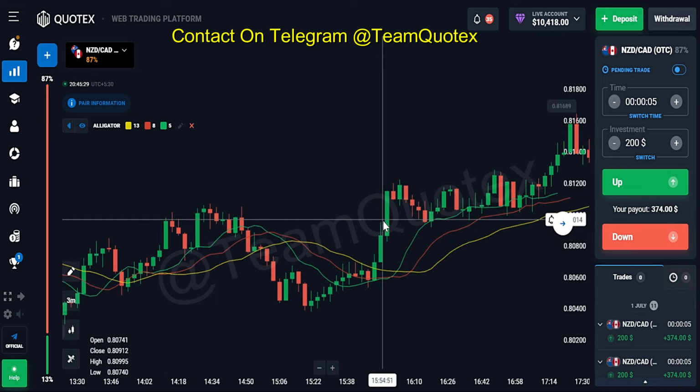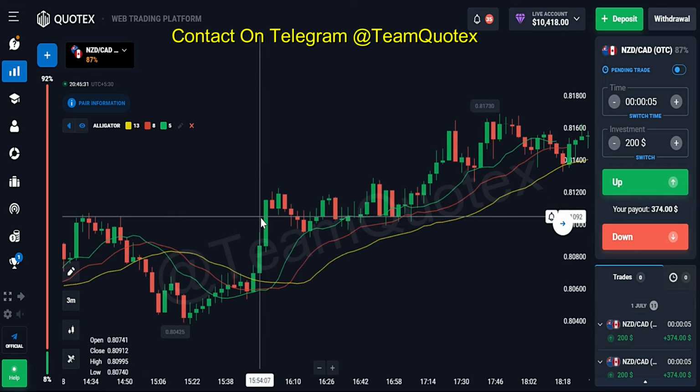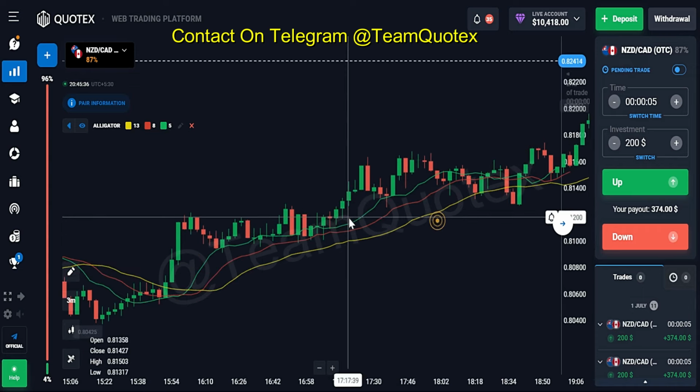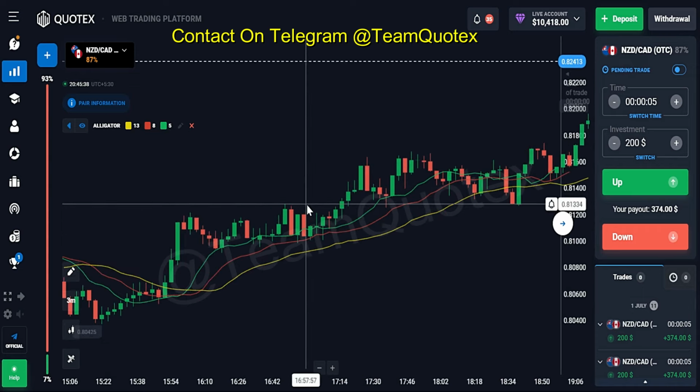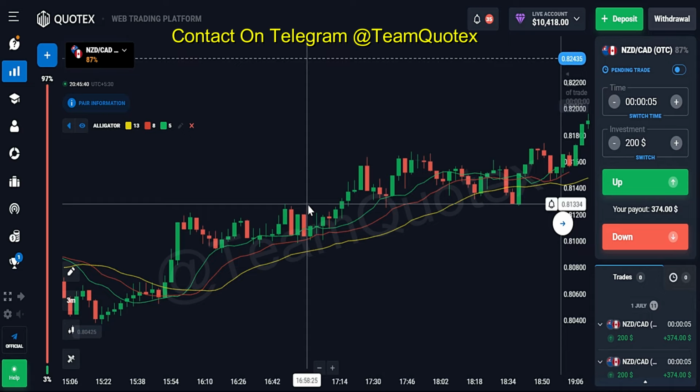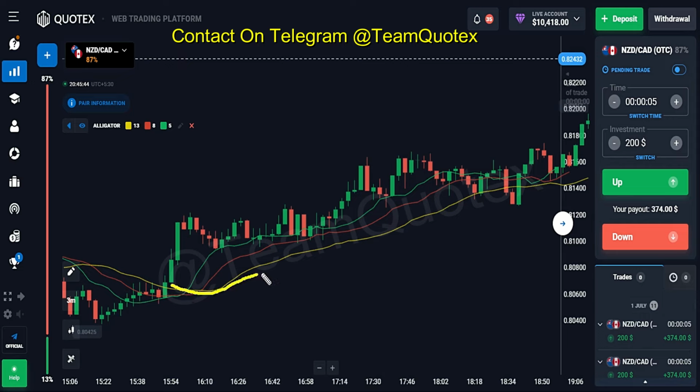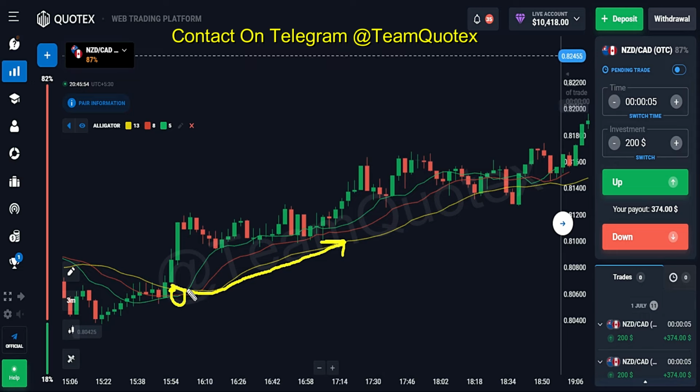The second thing, guys, is how we can get the entries and where we can trade. First, for an up direction trade, we have to see if both lines are crossing each other and coming above the yellow line like this.